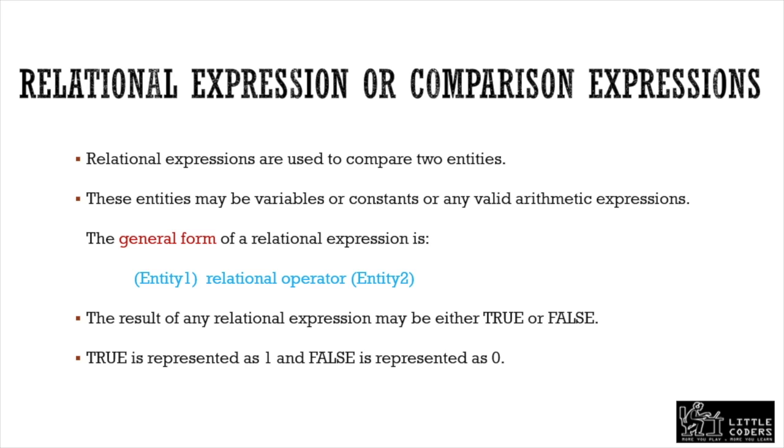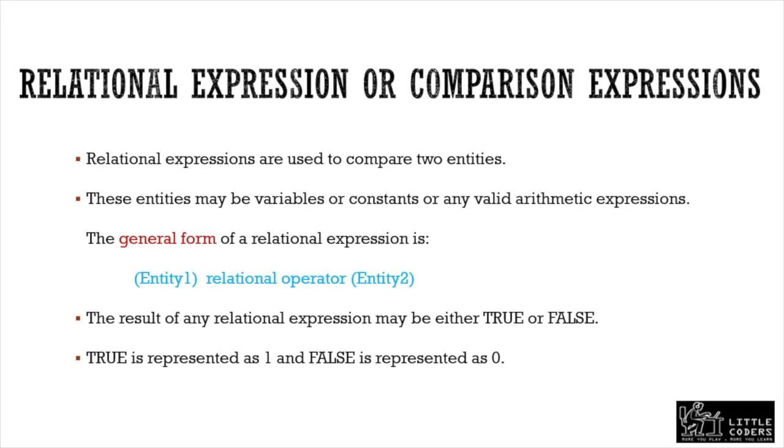So this entity 1 and entity 2 may be a variable or a constant or a valid arithmetic expression. It compares entity 1 and entity 2 based on the relational operator that is given, and that relation may be either true or false. True is represented as 1 and false is represented as 0.